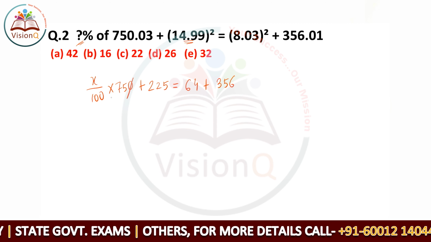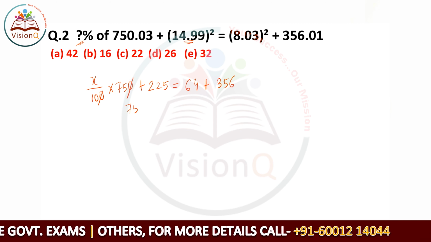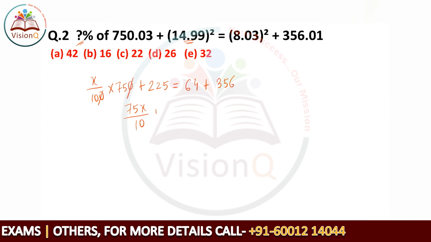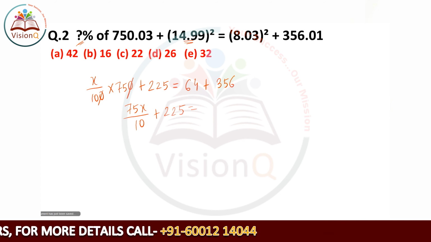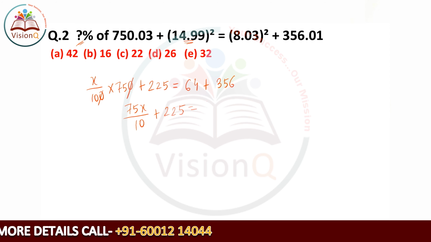So the 0 will be cancelled out. So it becomes 75x by 10 plus 225 will be equal to 64 plus 356. This value will be equal to 420.